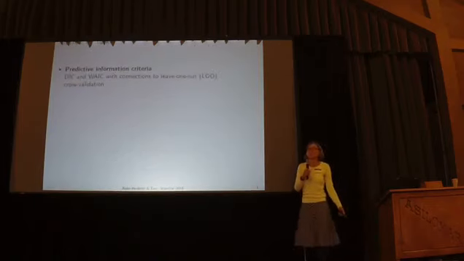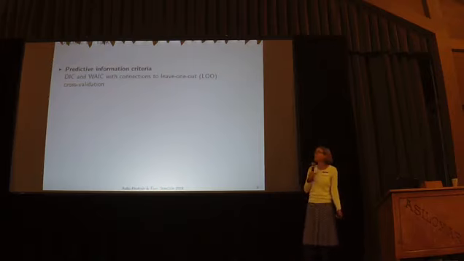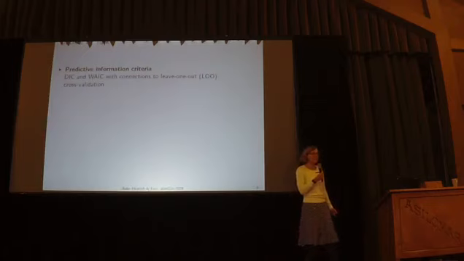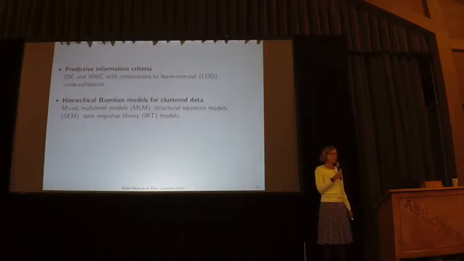So first I'll define the predictive information criteria, that is the AIC, DIC, and leave one out, and showing the connection to leave one out cross-validation. Then I'll say what I mean by hierarchical Bayesian models for clustered data, and examples of these are mixed or multi-level models, MLMs, structural equation models, SEMs, and item response theory models, or IRTs.